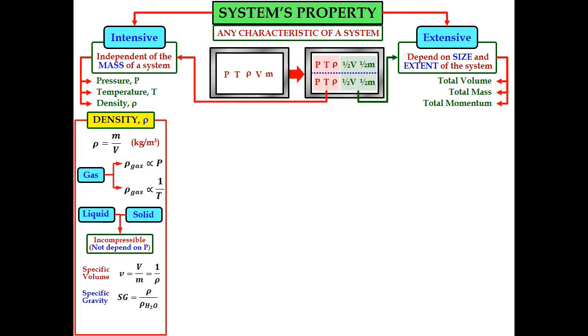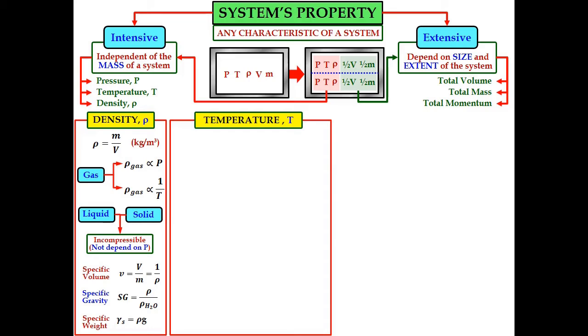And also we have specific gravity, SG equal to rho for the specific substance divided by rho for water, the density of the specific substance divided by the density of water. And the last one, we have specific weight, gamma s equal to rho g, rho for density, g for gravitational acceleration. Okay, so that's what I call the criteria for the density.